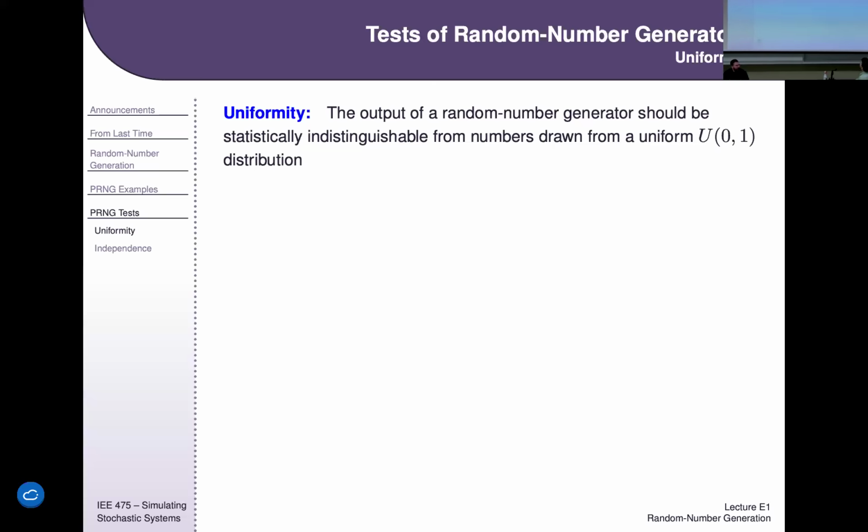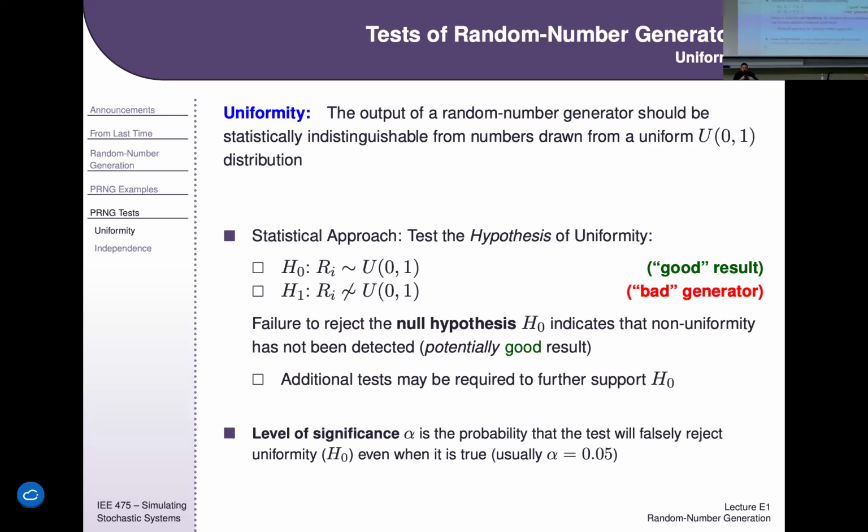Let's start with uniformity. Statistically speaking, the null hypothesis is that any string of numbers presented to us, our default assumption, is that they are from a uniform distribution, so that they have uniformity. That is our null. So we need a statistical test that can detect deviations from the null, or non-uniformity.